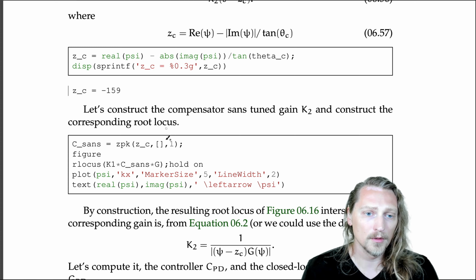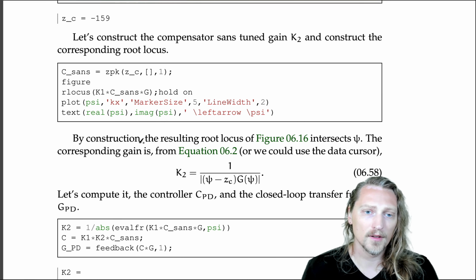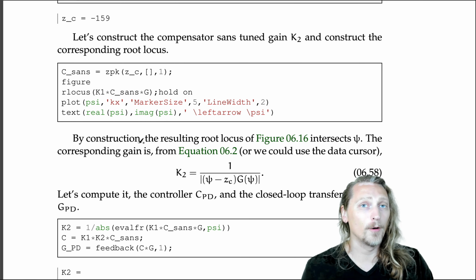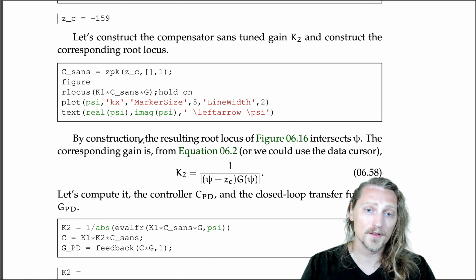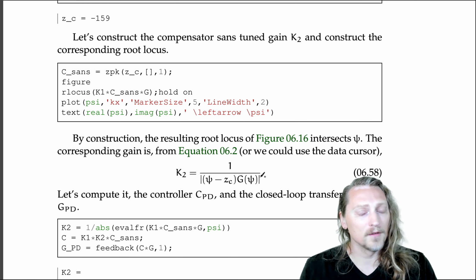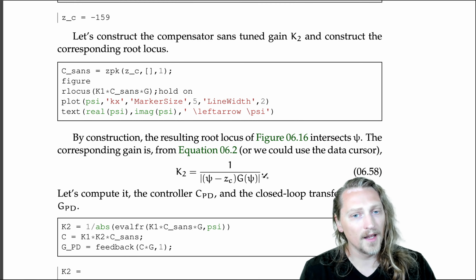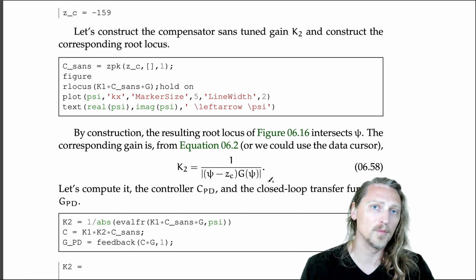Because we know that this design point occurs on the root locus, you can use the relationship given in equation 6.58 to figure out what that gain should be.